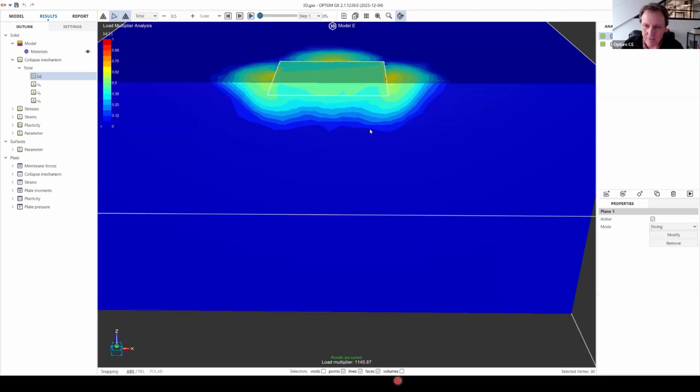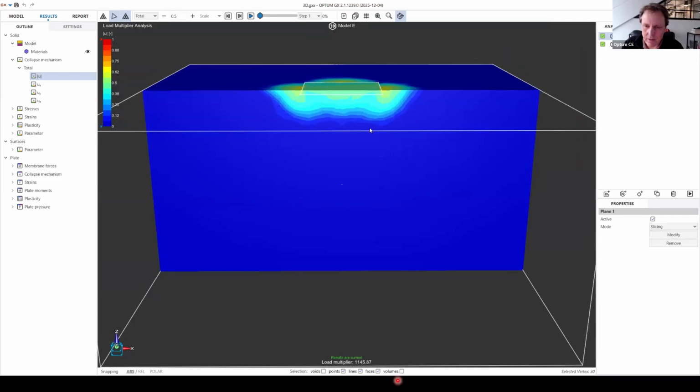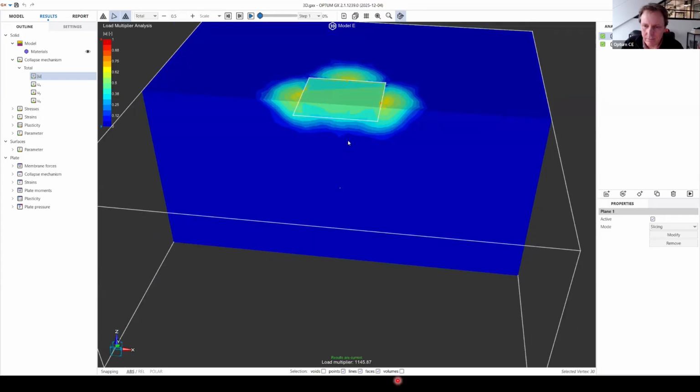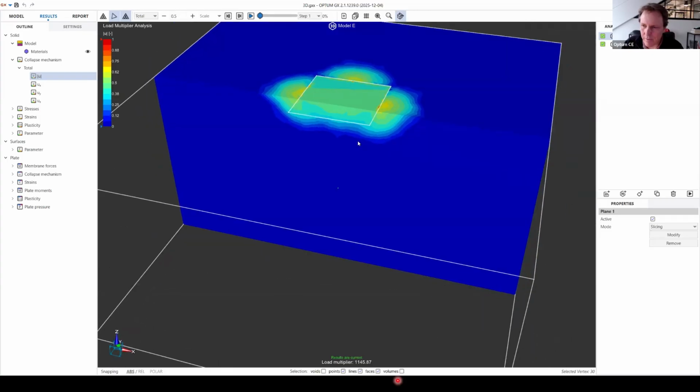It looks kind of similar to 2D, but not exactly the same. There is of course a 3D effect, and the bearing capacity is also different. The shape factor for this, again an undrained analysis, according to the code, Eurocode, is 1.2, and it's about that we have as well.